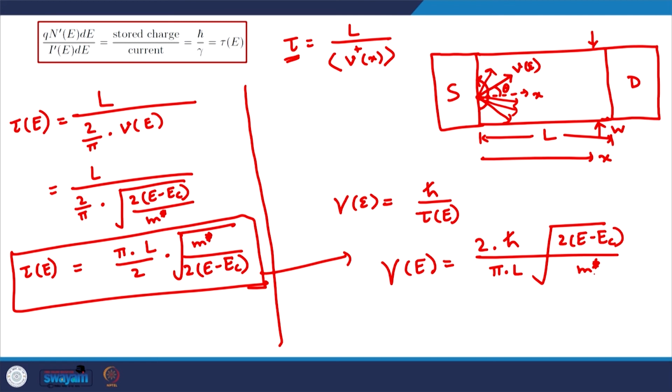So, this is the energy broadening in the channel because of the finite lifetime of the electrons in the channel.